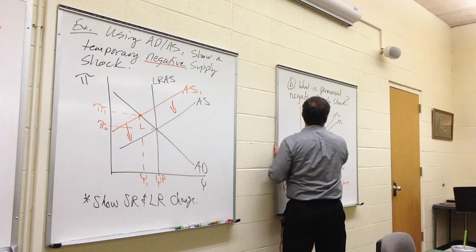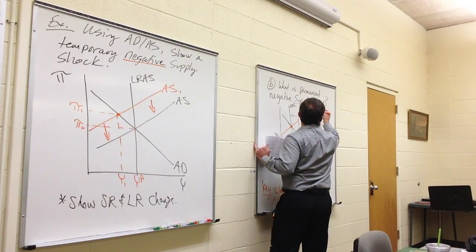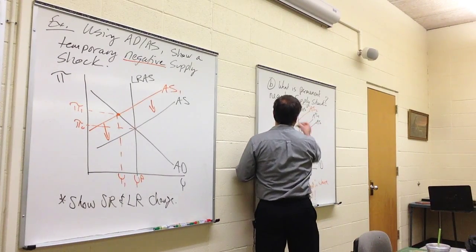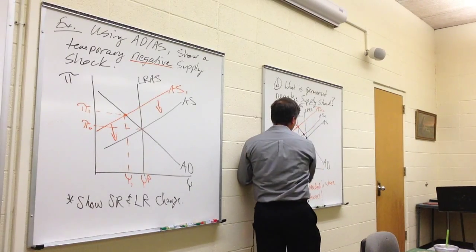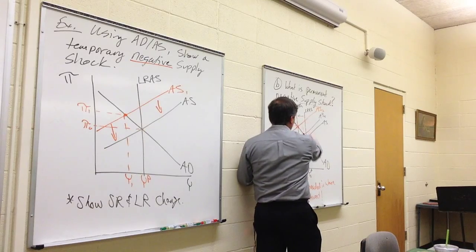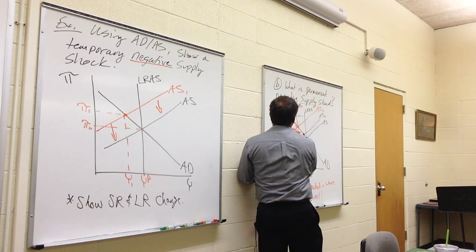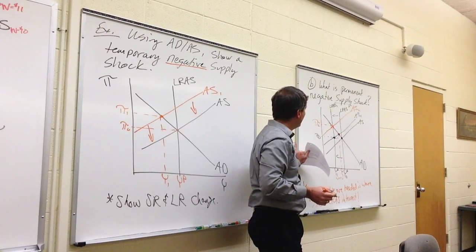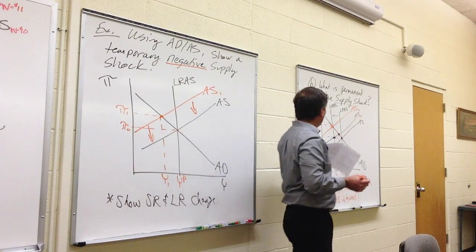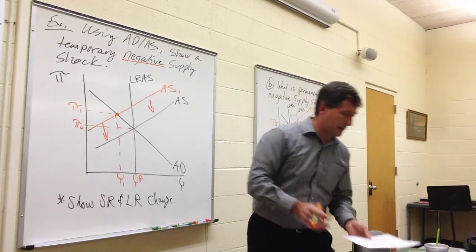And so there's going to be further upward pressure in inflation to get to a new long run equilibrium. The economy kind of sucks here. High inflation, falling GDP. And this would be our final resting point. Okay, let's call it a day there.